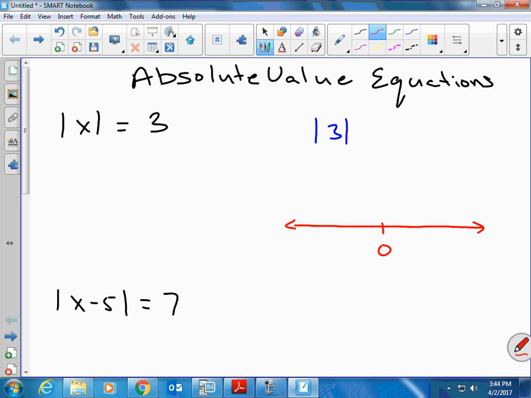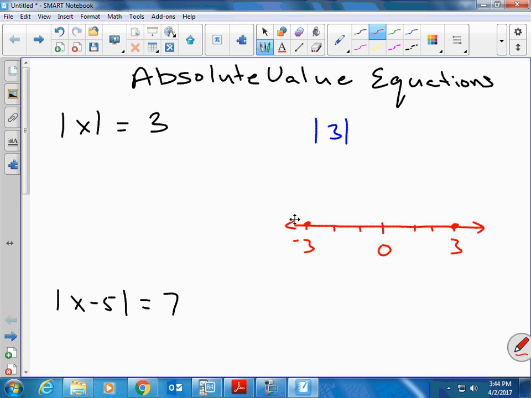So there's 0. So 3 units from 0 goes out here to the number 3, and it goes back here to a negative 3. Both of those numbers, 3 and a negative 3, are exactly 3 units away from 0.